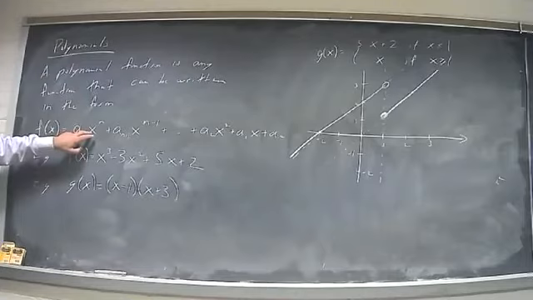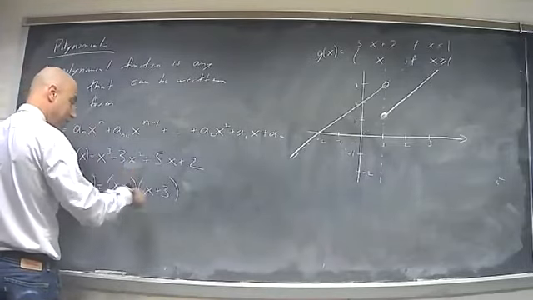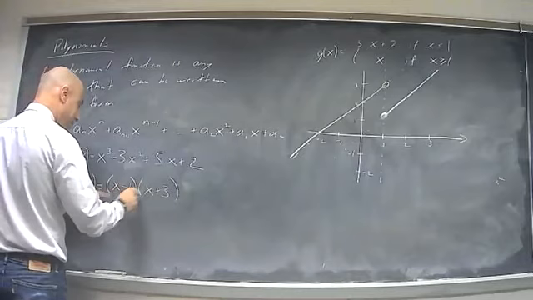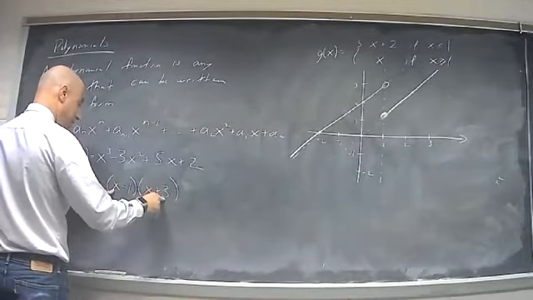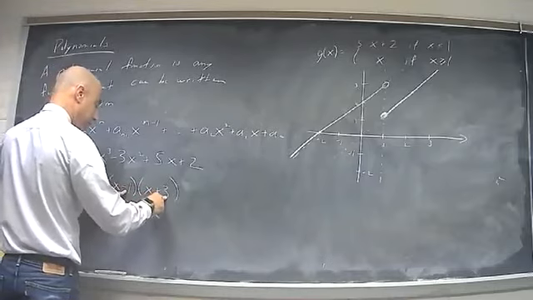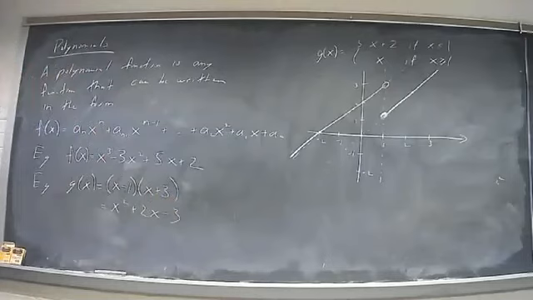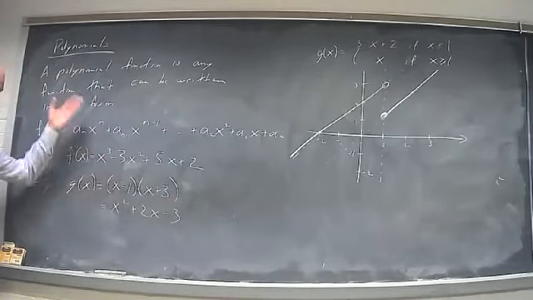That doesn't look like this, but you could make it look like this by boiling this all out. X times x is x squared, plus 3x minus x, plus 2x, minus 1 times plus 3 is minus 3. Now it looks like that. So these two are exactly the same function, so they're both polynomials.